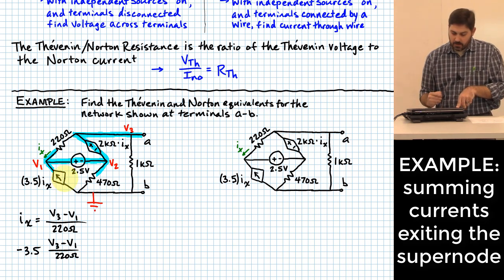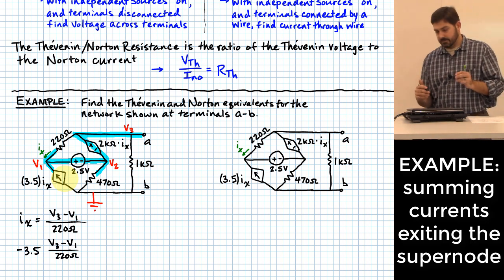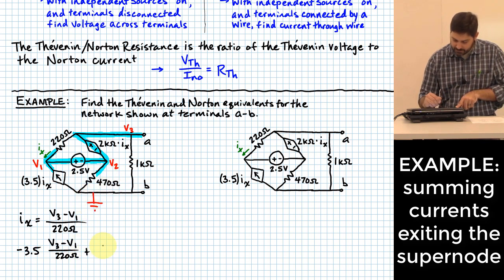Where else do I have currents entering or exiting the supernode? I would say V2: I've got this voltage of V2 across the 470 ohm resistor, so that would be a current leaving based on V2 over 470 ohms.